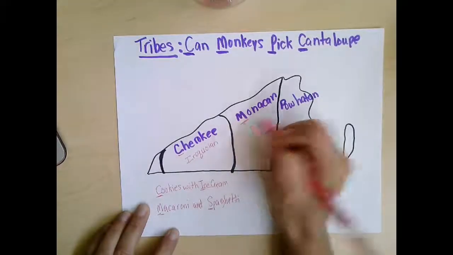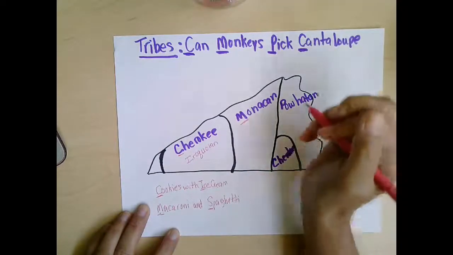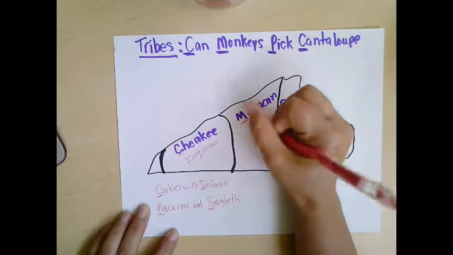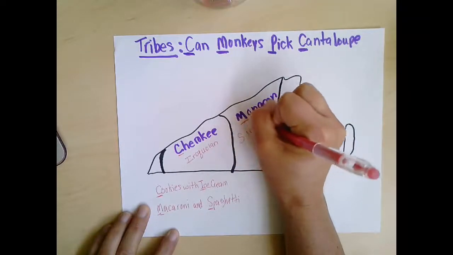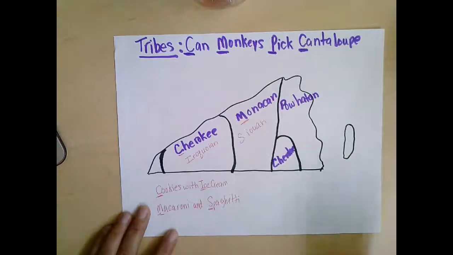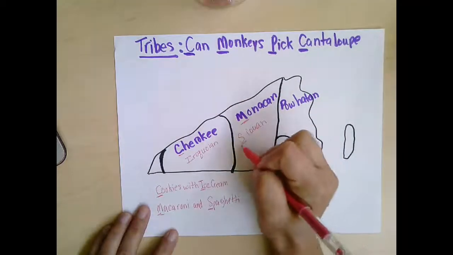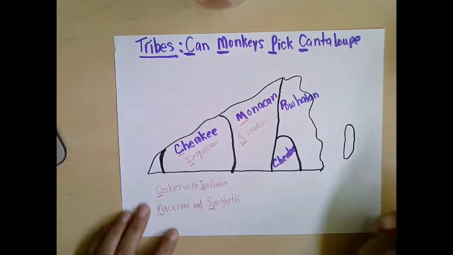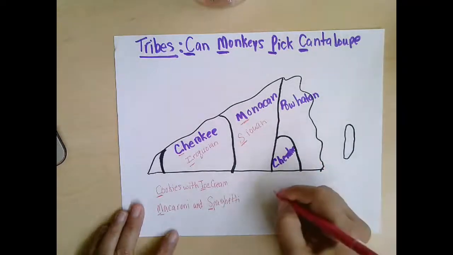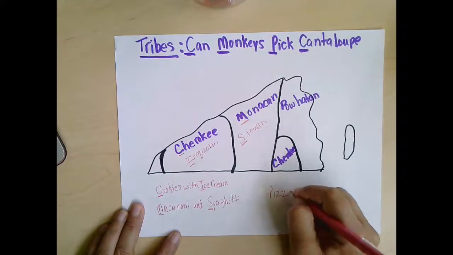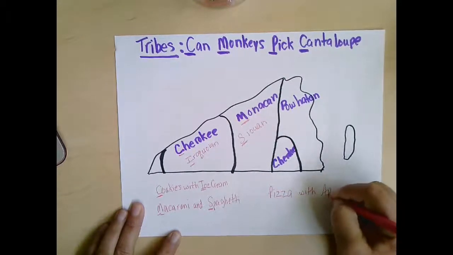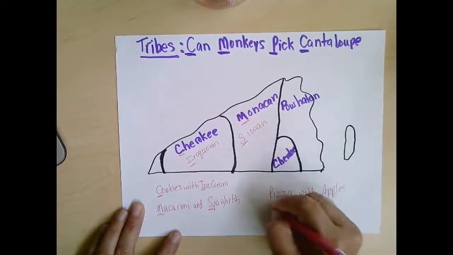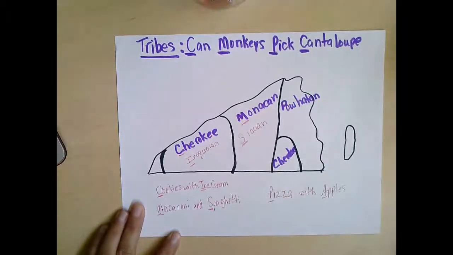So the Monacan tribe, can you guess what language they speak? They speak the Siouan or the Sioux, however you may hear it pronounced. Okay? And the last one that I use is pizza. I love pizza with apples on it. Boys and girls, do you like pizza with apples?